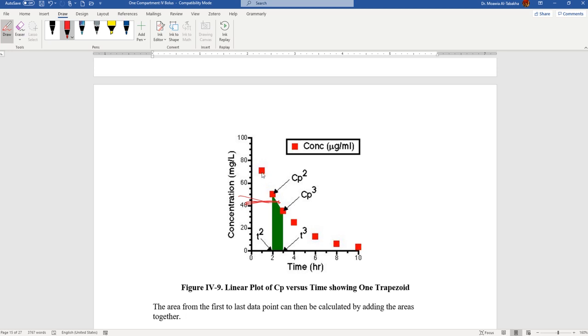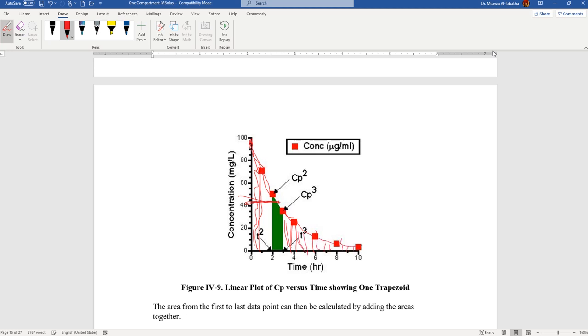Now what do we need to do? We need to do this for all the others as well. For this segment, for this segment. We need to know our CP0 to calculate this one. We also need to calculate the area of this one and the area of this one.